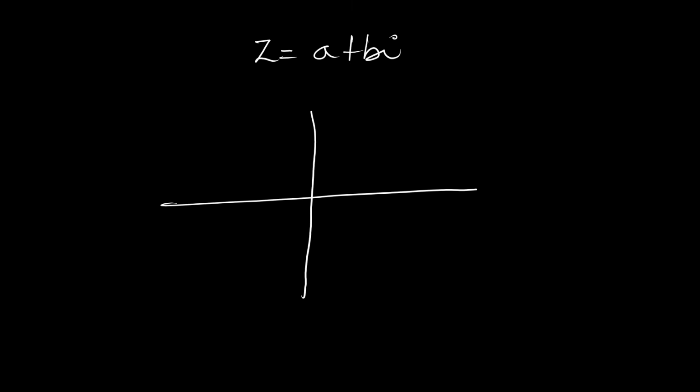Now let's plot this complex number on the argand diagram. This is the real axis, and this is the imaginary axis. So you're going to get a, b. So this part is going to be a comma b.